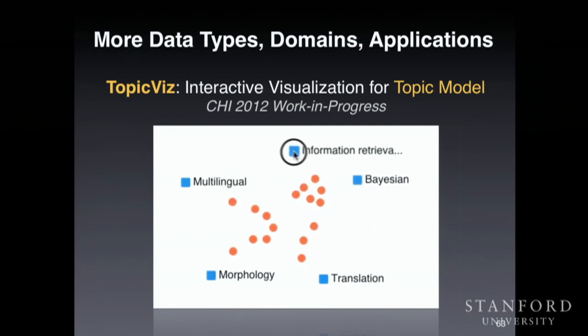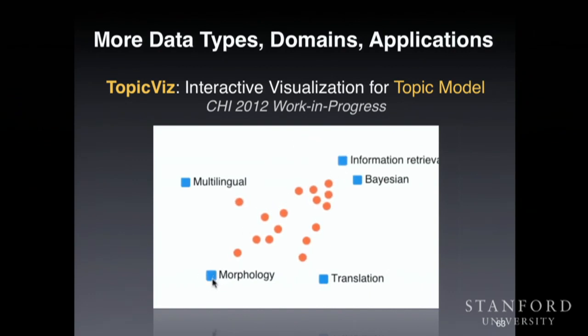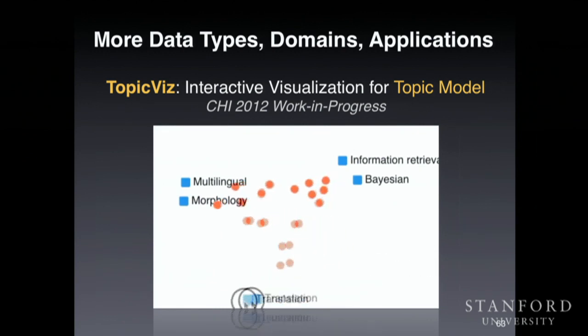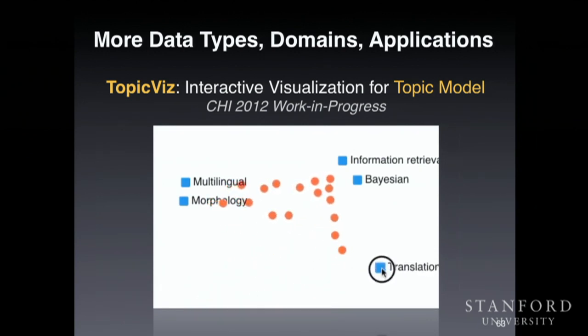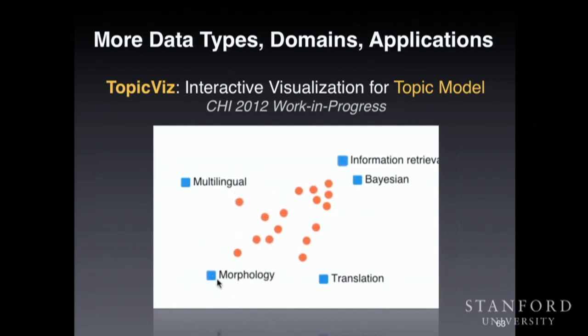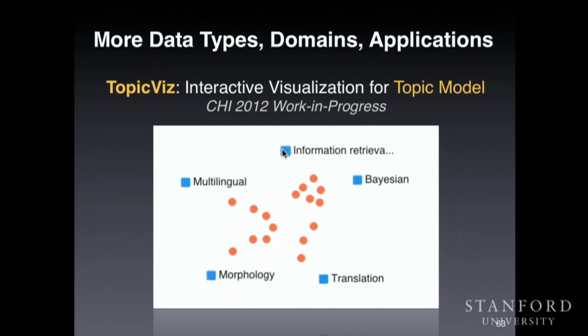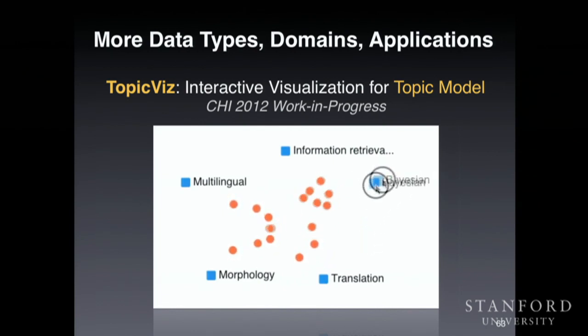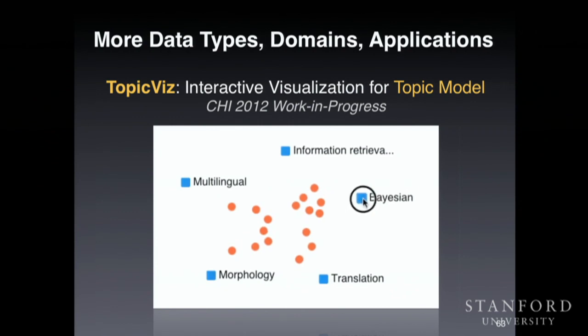The documents are represented as the orange dots, and the topics inferred from these documents are the blue squares. How close a document is to a topic shows how likely the document belongs to that topic. By allowing users to move these topics around, they can do ad hoc classification.